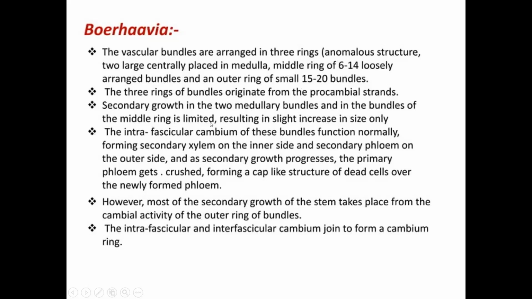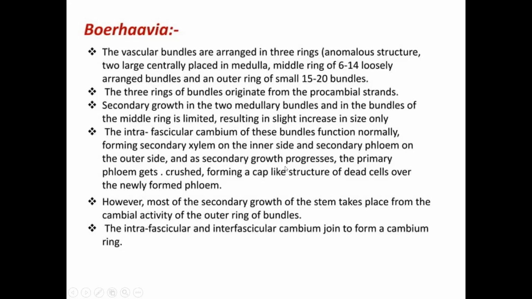So here the secondary growth is limited in the inner ring and middle ring, resulting in only a slight increase in size. But the intrafascicular cambium of these bundles functions normally, forming secondary xylem on the inner side and secondary phloem on the outer side.